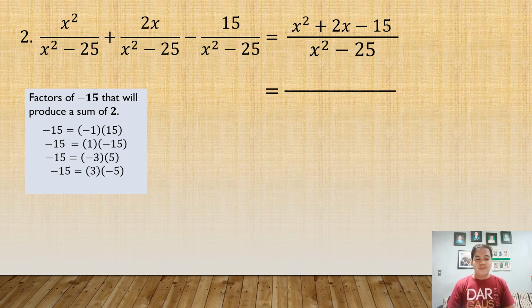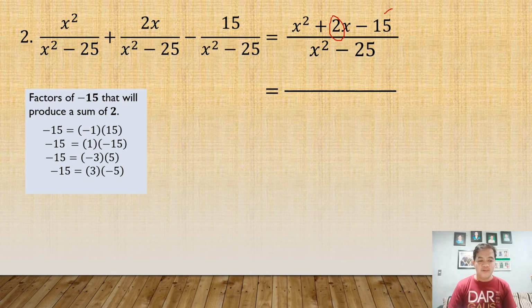Okay, so factors of negative 15 that will produce a sum of 2. So, nakalagay na rito lahat ng factors ng negative 15. So, ano daw dyan? Yung magpo-produce ng sum ng 2. So, kailangan kasi natin, ang target kasi natin dito, makuha dapat natin itong positive 2 na to from the factors of this one, negative 15.